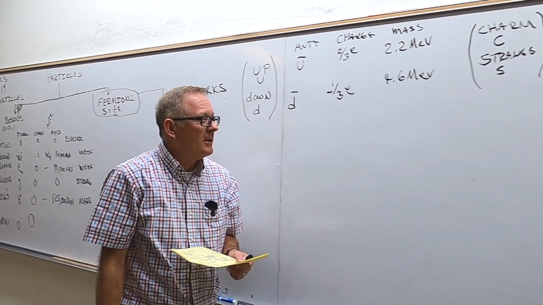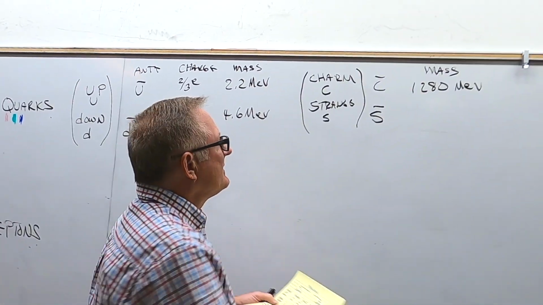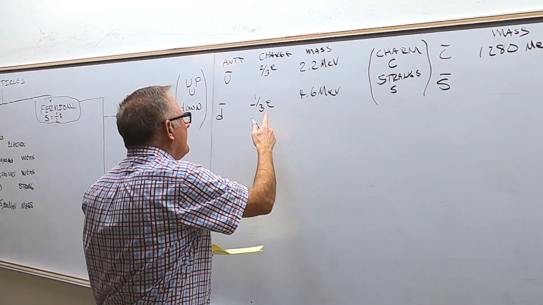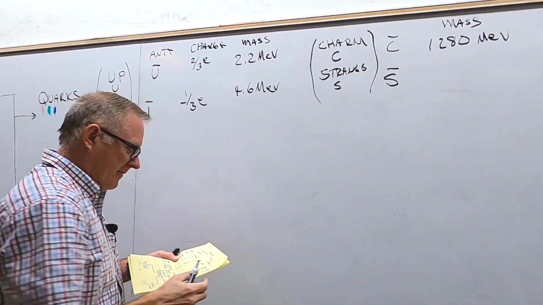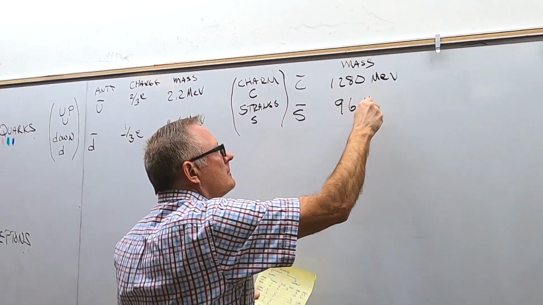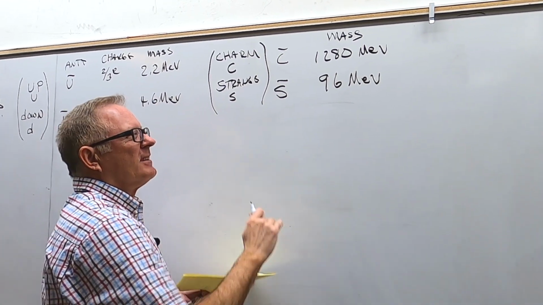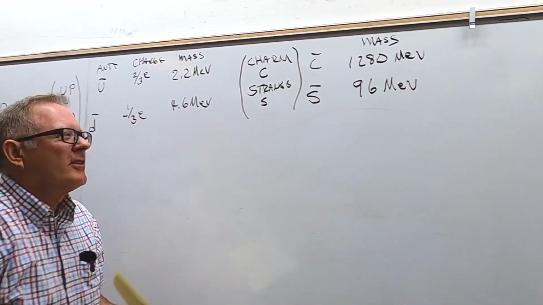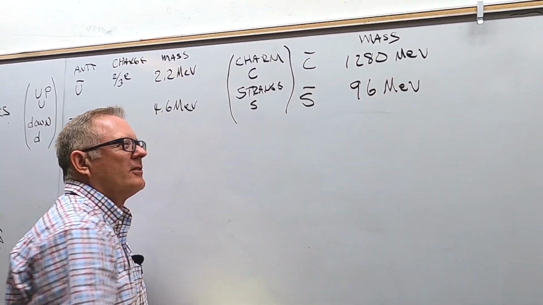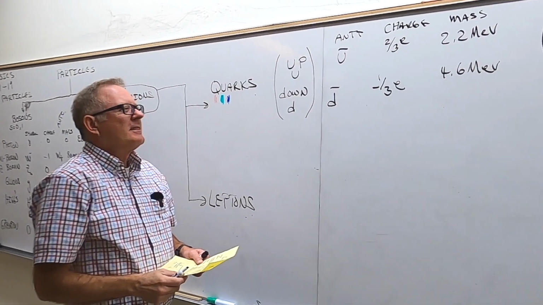What is anti-strange? I don't know, but this has the same charge as this, minus 1/3, and the mass of this one is only 96. You know, so the lower the mass, the earlier they found it, because it's harder to find it the bigger the mass is. They found this in the 60s. They found that one in the early 70s, right here. Okay, that's the second group.